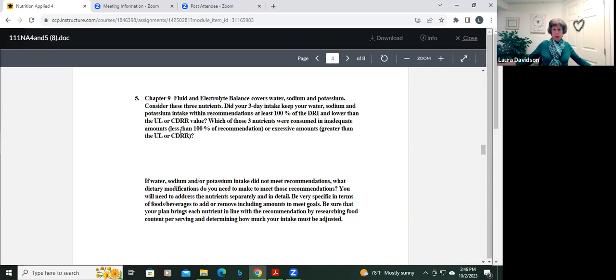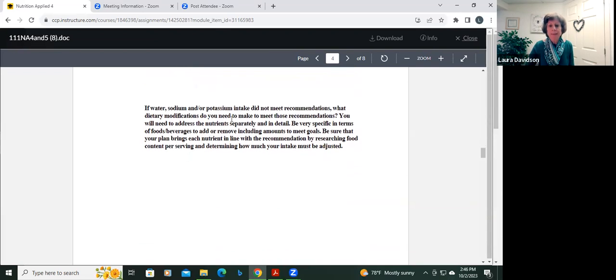Remember, there's that wide margin of safety between that. Which were consumed at less than 100% or greater than the UL or CDRR? So you write those down. And then what I ask you is, what dietary modifications do you need to make to meet these recommendations?